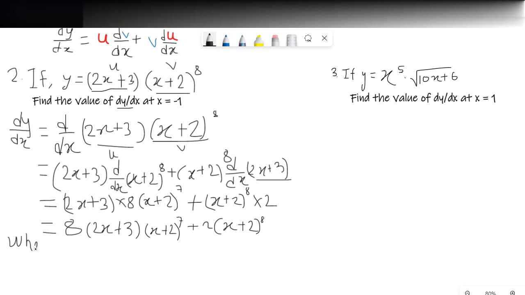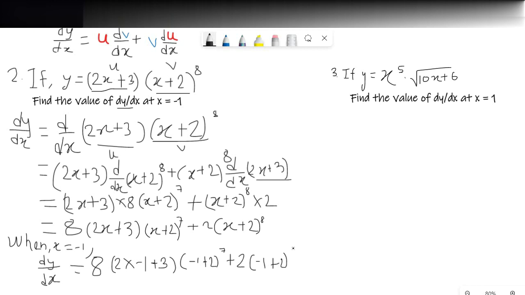So we write, when x is equal to minus 1, dy by dx for the gradient function, if you remember, will be basically 8 multiplied by (2 multiplied with minus 1 plus 3), then multiplied with (minus 1 plus 2) whole to the power 7, plus 2 multiplied with (minus 1 plus 2) whole to the power 8.